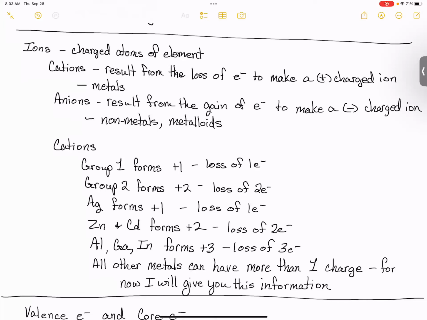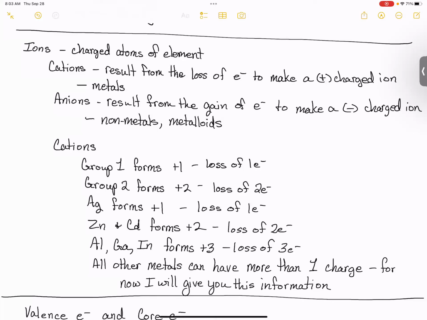A cation is going to be an element that loses electrons to make a positively charged ion. And with respect to our elements, that means they're going to be metals. So I could rephrase this: it is the result of metals losing electrons to form positively charged ions.